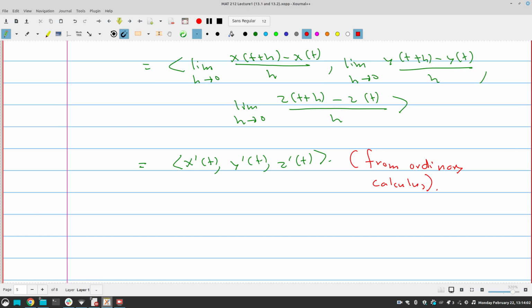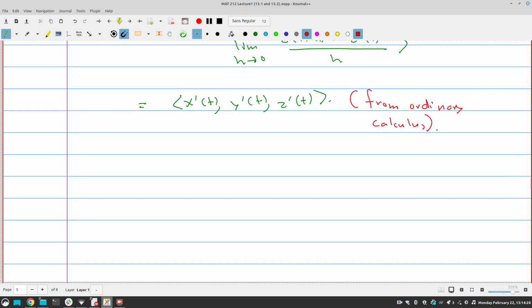Okay, so let's look at an example of how to find the derivative of a vector function. Oh, there's another concept called a unit tangent vector. As you know, if you divide a vector by its magnitude, you get the unit vector in that same direction.